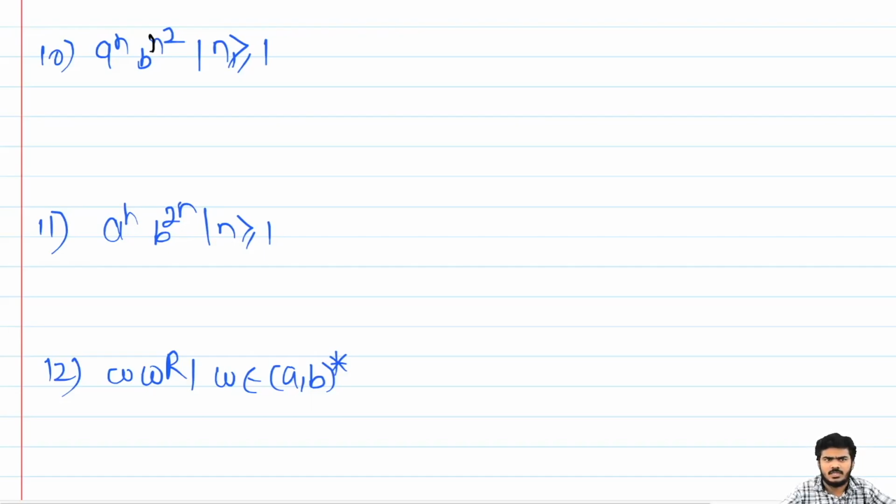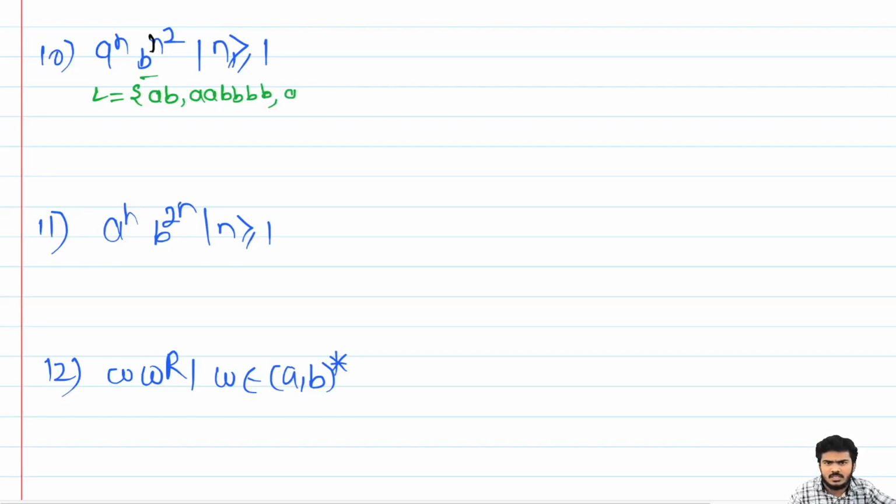Whenever a occurs, we have to push for comparing b's, but in this case we are not getting that. When n is equal to 1, I will get ab as the minimum length string, but when n is equal to 2, I will get aa and 2 to the power 2, that is b 4 times.